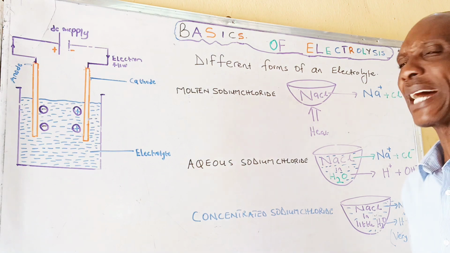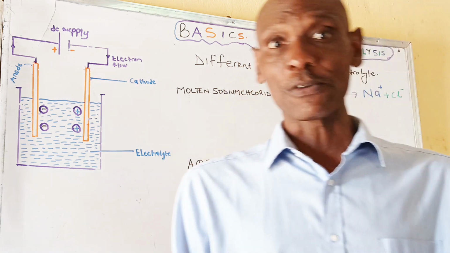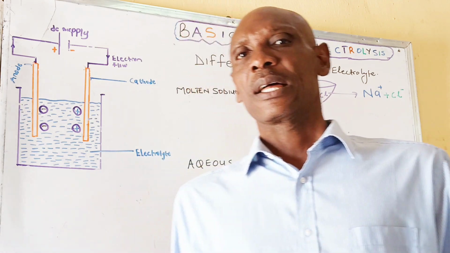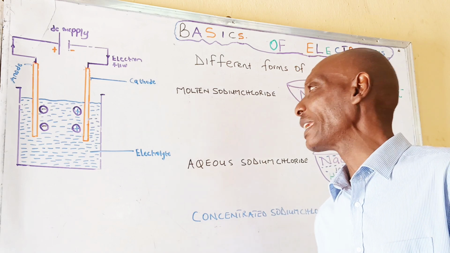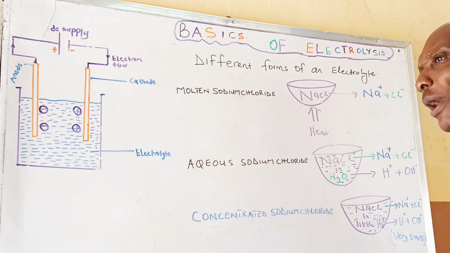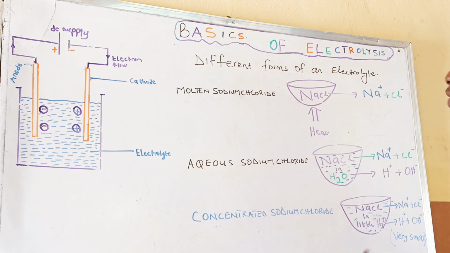A theory called the ionic theory, the modern version of it, states that an electrovalent substance like sodium chloride or any other salt like calcium chloride consists of ions. For instance, sodium chloride consists of positive sodium and negative chloride.